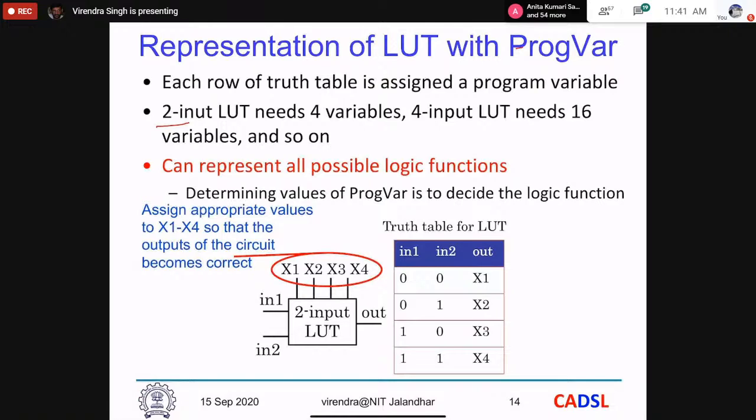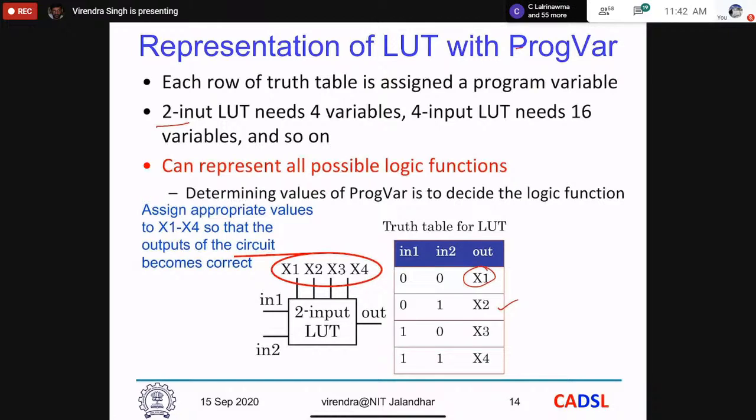Symbolically, when the input is 0 0, the output is x1. If it is 0 1, the output is x2. If it is 1 0, the output is x3, and if it is 1 1, the output is x4.